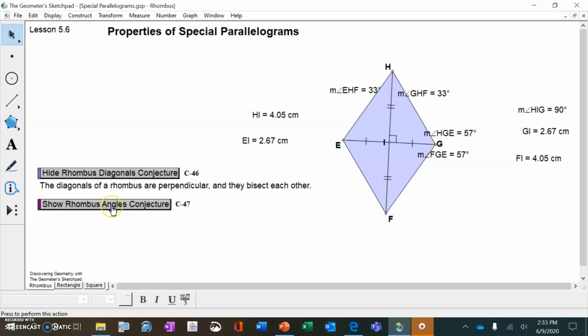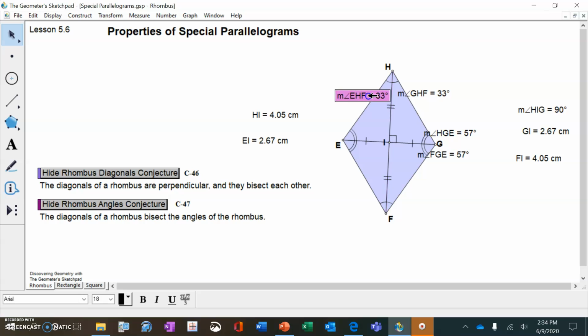Now the diagonals of a rhombus bisect the angles of a rhombus. So here is a diagonal, and you can see that it took this angle and this angle to be 33 degrees, so therefore it bisected angle EHG.